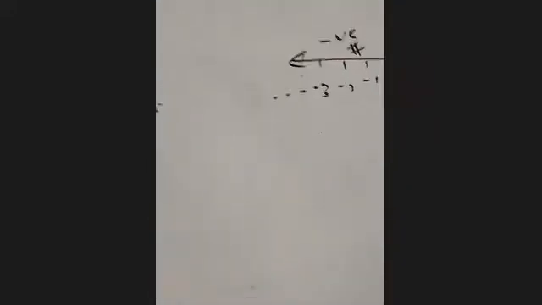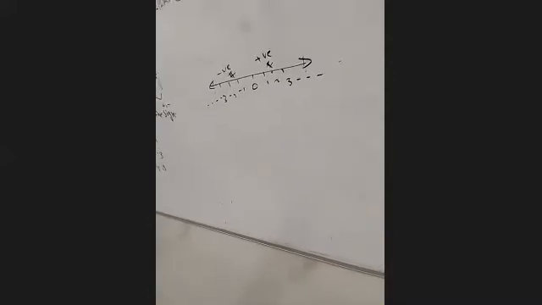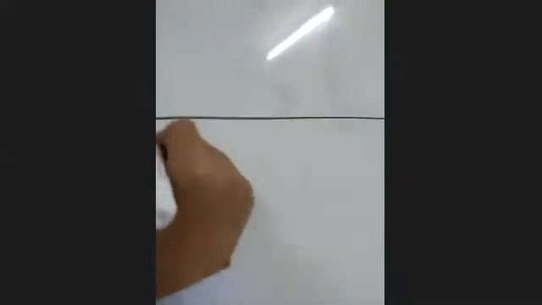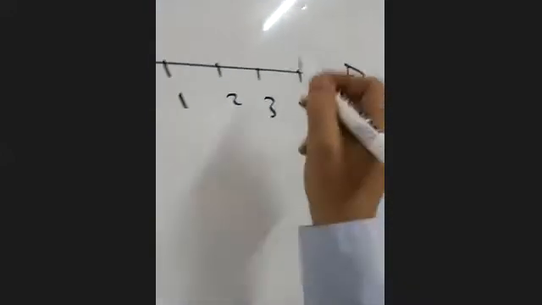What's the meaning of absolute value? Now, look here, to understand first what the absolute value is, then we will understand how we find the absolute value. Now, in the number line, please, guys, focus with me here. We have 0, we have 1, 2, 3, 4, 5, and forever.